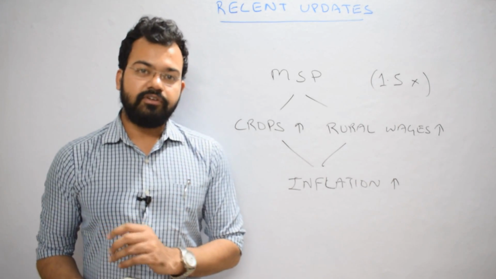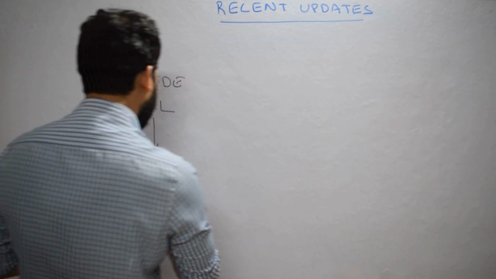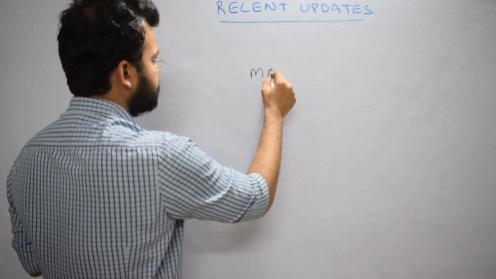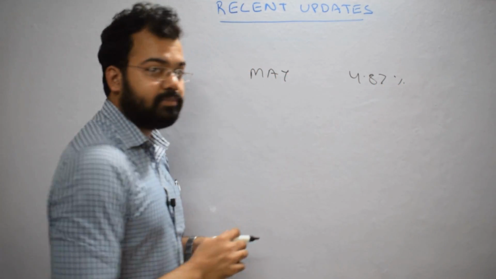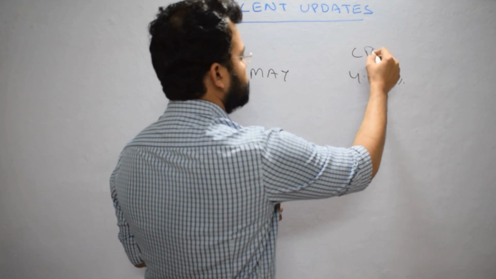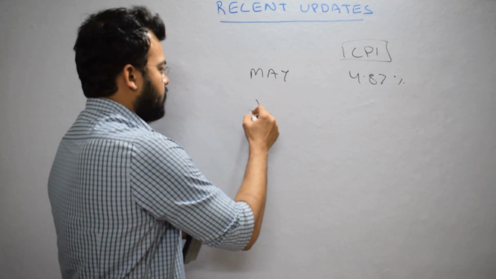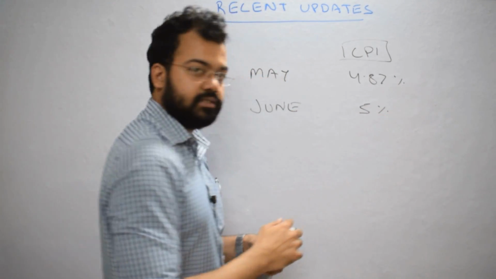Talking about the rate of inflation that RBI highlighted in this news. In the month of May, the rate of inflation was 4.87%, measured on CPI, that is Consumer Price Index. Now in the month of June, the inflation touches 5%.